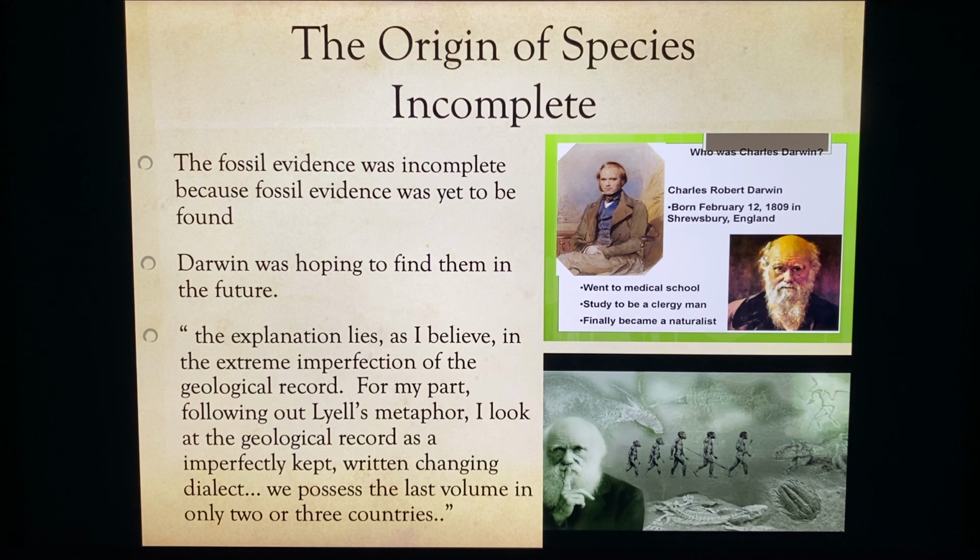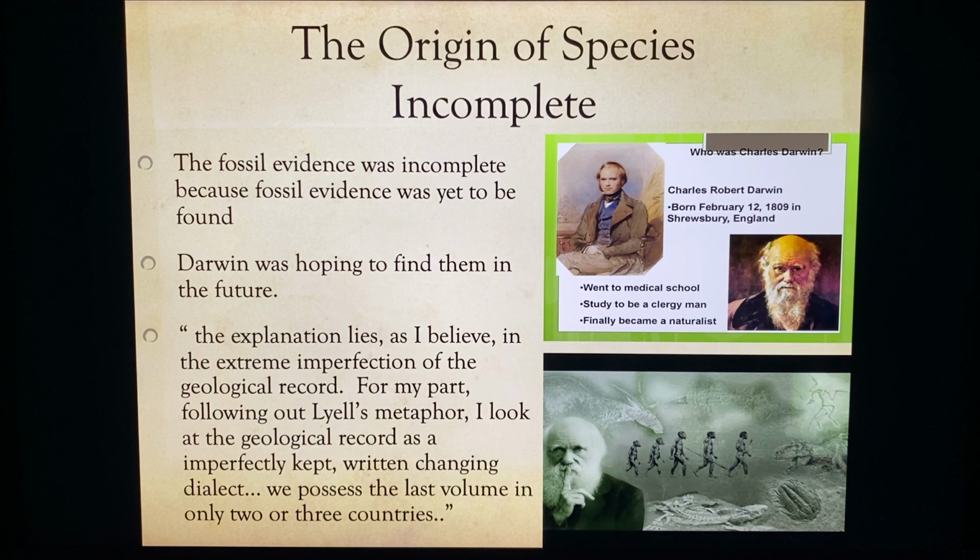He wrote The Origin, which we went over in the last video, so I won't get into it, but the fossil evidence was incomplete because it was yet to be found. They hadn't found any, so Darwin was hoping to find this fossil evidence in the future.